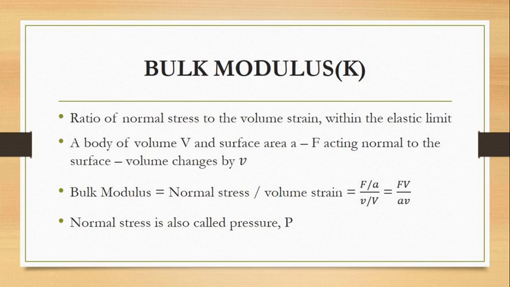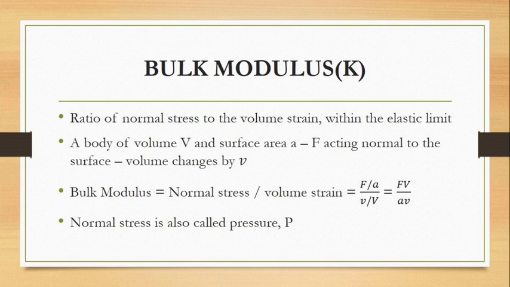Volume strain is change in volume by original volume. Now you can calculate bulk modulus on your own. So bulk modulus is equal to normal stress by volume strain, or volume stress by volume strain. So F by A divided by small v by capital V, that is F into capital V divided by small a into small v. That is the expression for bulk modulus.